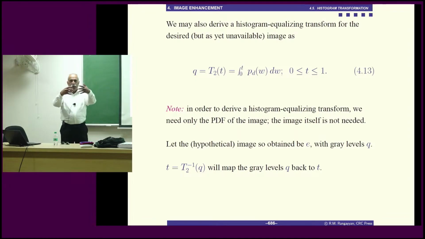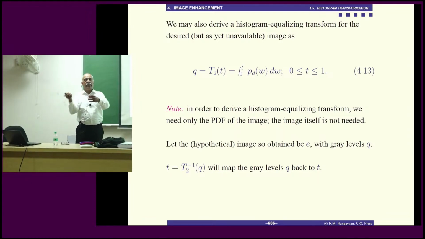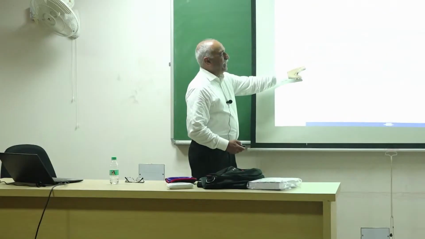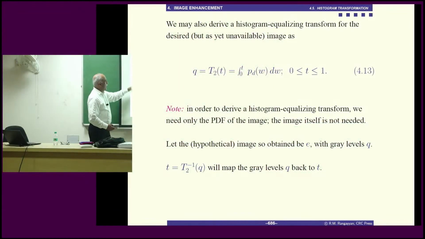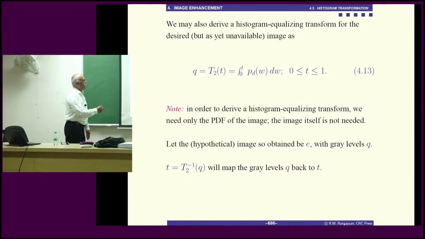Now both of these will give you a flat histogram. Then you'll say, well, that histogram is the same, it's a flat histogram. Let me connect the other two histograms through one transformation. So let the hypothetical image so obtained be E with gray levels Q, and T equal to T2 inverse (Q) will map the gray levels Q back to T.